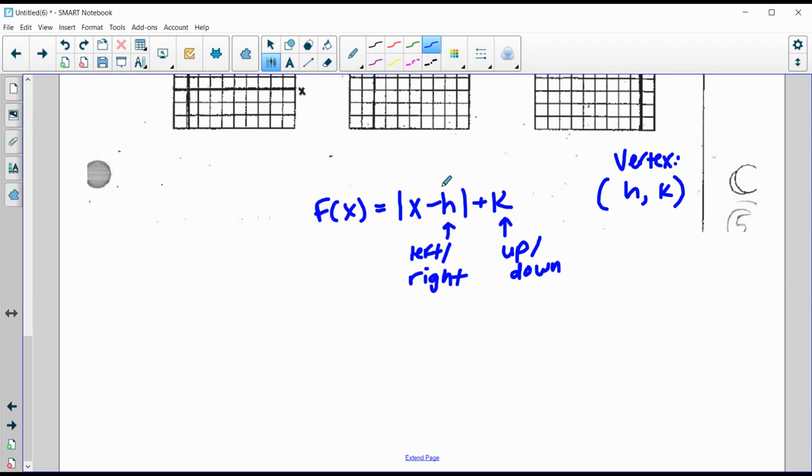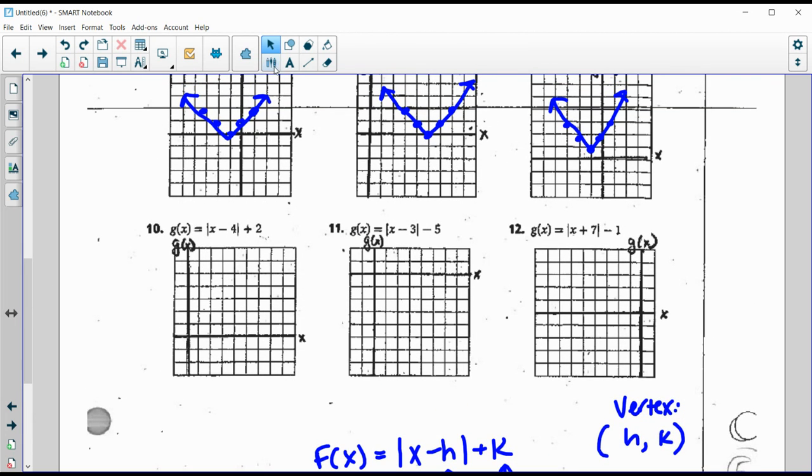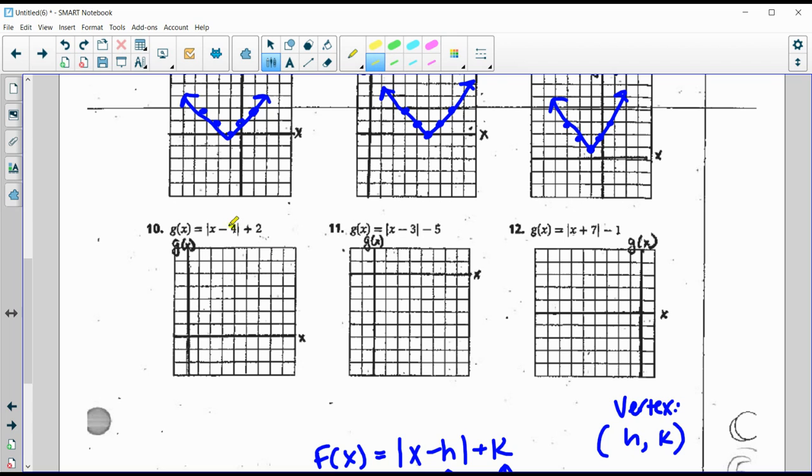But if we look at the equation closely, the negative sign in front of h means that for the vertex, we're going to use the opposite of h in the equation. And then the plus sign in k tells us that we should be using the actual k value from the equation. So if I look at number 10, h is, it says -4, but that means my x coordinate of the vertex is going to be +4.